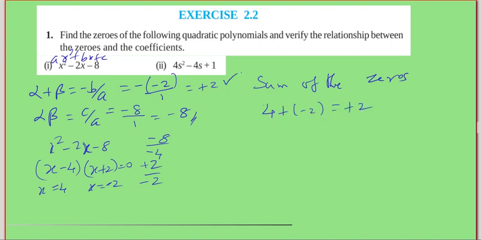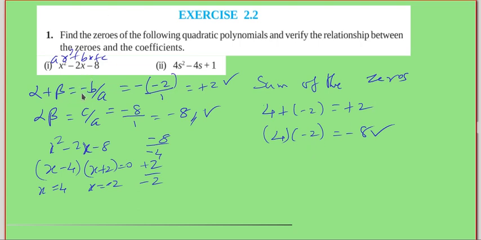See, look at this, sum of the zeros is plus 2. Product of the zeros, we have the two zeros now. If we multiply 4 into minus 2, what will we get? Minus 8. So the product of the zeros is minus 8. So we have verified the relations between zeros and the coefficients.